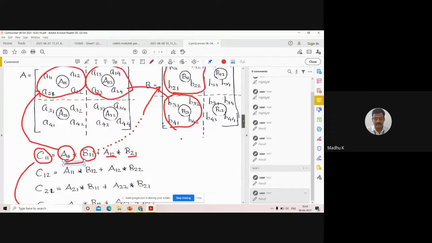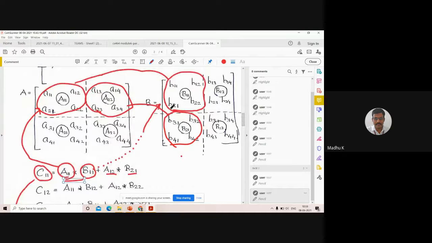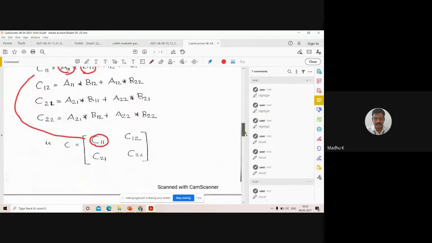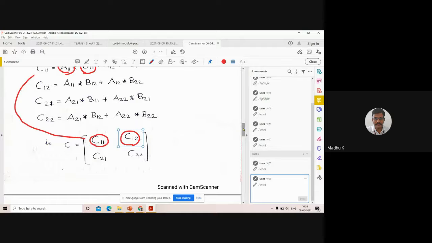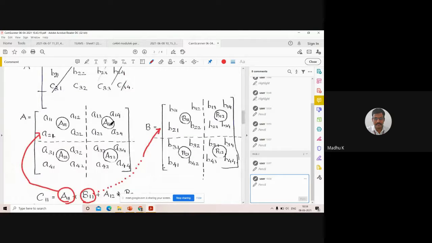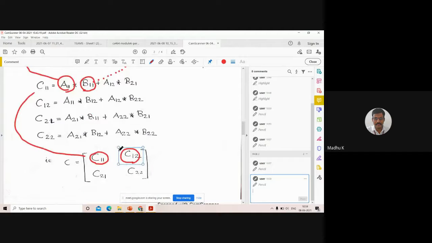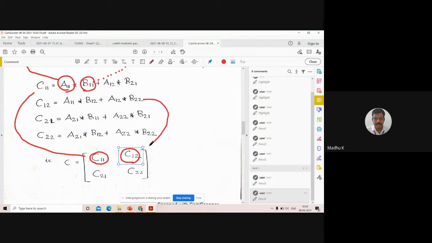Similarly, we will calculate the others also. How can we get C12? C12 is obtained by using this equation.